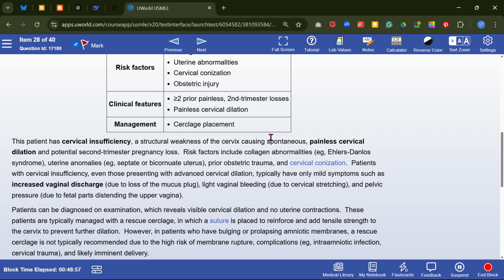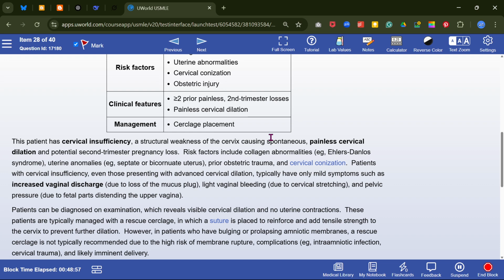Patients can be diagnosed on examination, which reveals visible cervical dilatation and no uterine contractions. These patients are typically managed with rescue cerclage, in which a suture is placed to reinforce and add tensile strength to the cervix to prevent further dilatation.